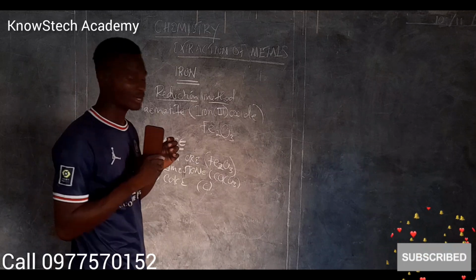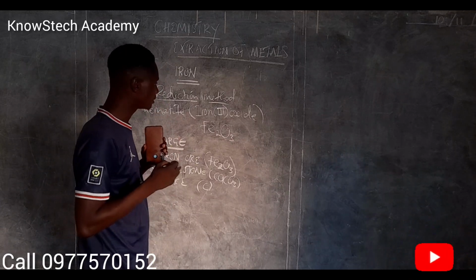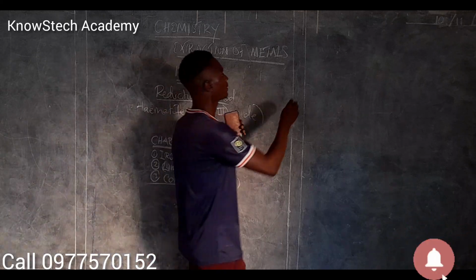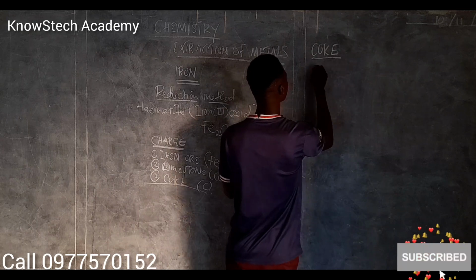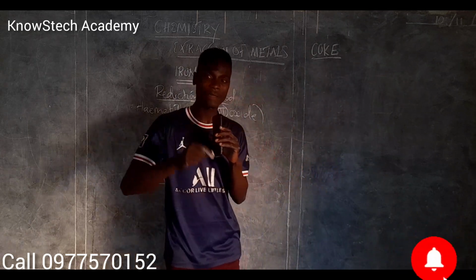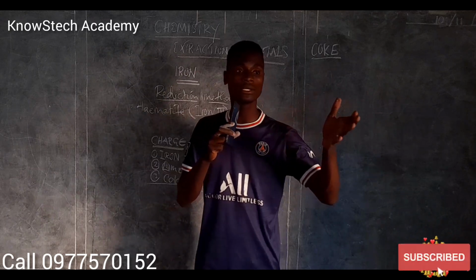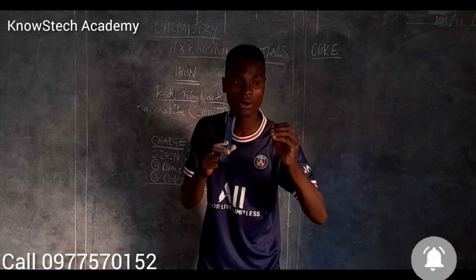We are going to start with the coke, the function of the coke in the blast furnace. The purpose of coke is to form the reducing agent, which is carbon monoxide.